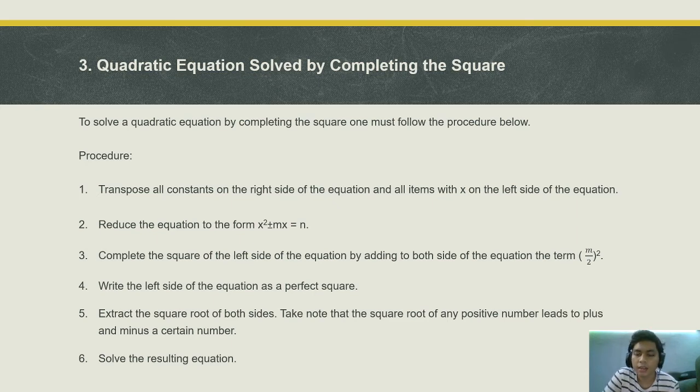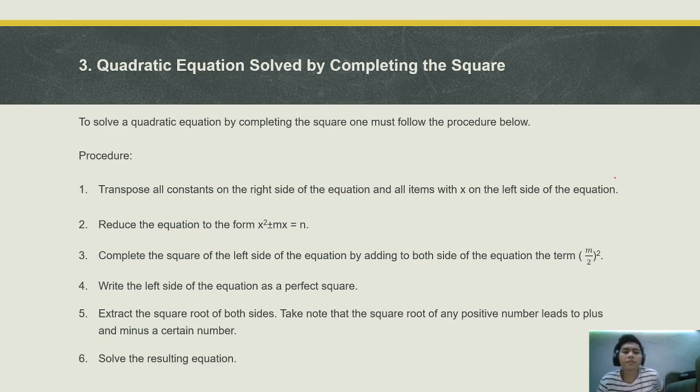Then reduce the equation to the form x squared plus or minus mx is equal to n. Complete the square of the left side of the equation by adding to both sides the term m over 2, then squared. Actually we can also say b over 2 or m over 2. I will explain that one later.